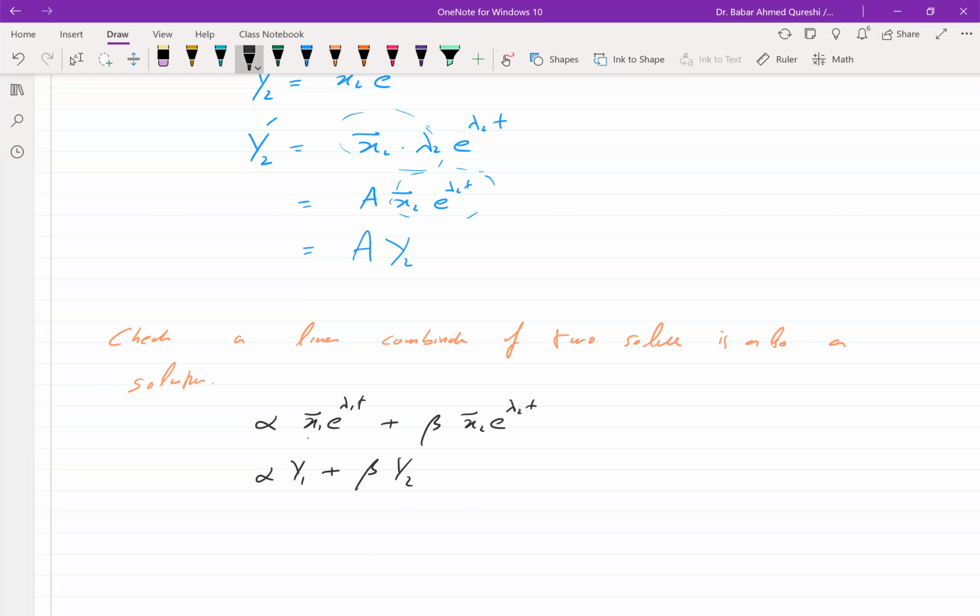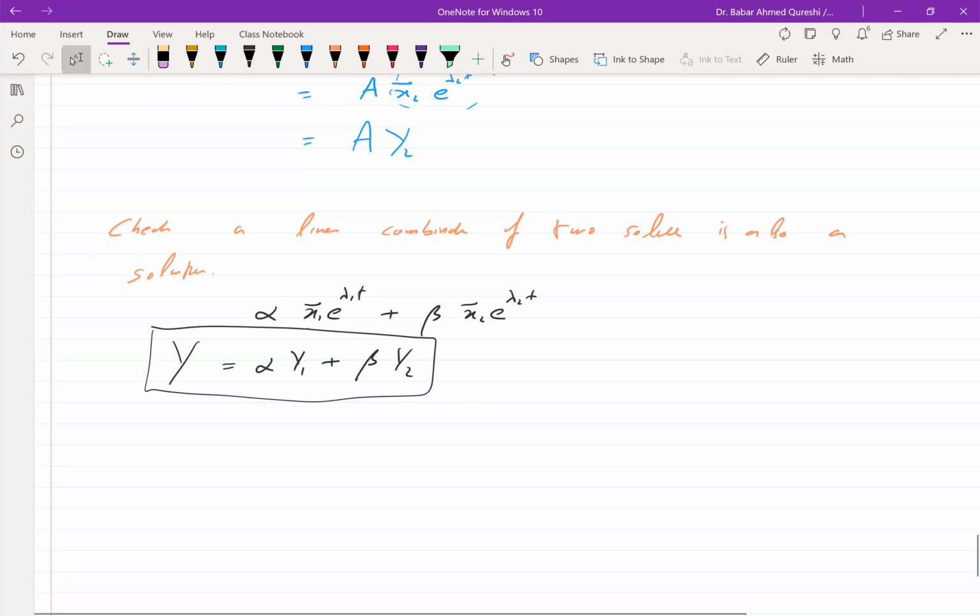Now if I call this a new function, y, and compute y dash, it would be alpha y1 dash, these are all vectors, plus beta y2 dash.